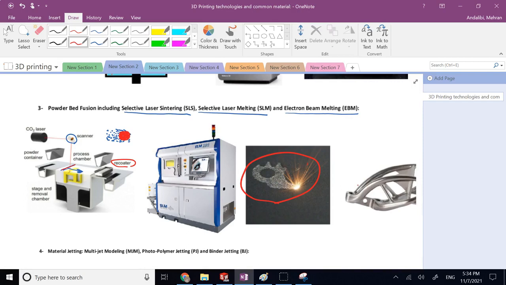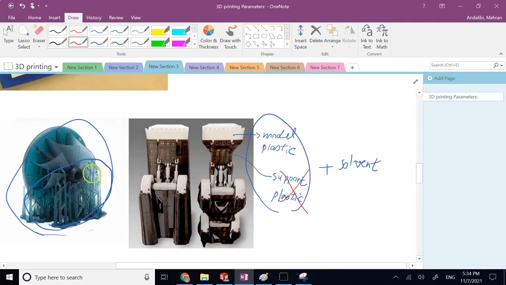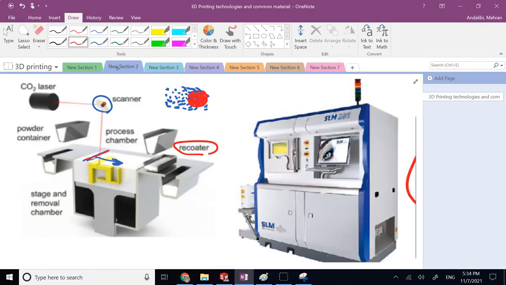The other good thing about it is that with the SLS method, not SLM, the material below your current layer of powder serves as the support for it. So you really do not need support material. With SLS only, not SLM or EBM, you can avoid using support material, and that reduces the waste. So that's another advantage.